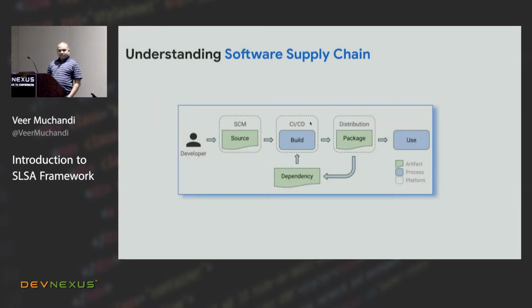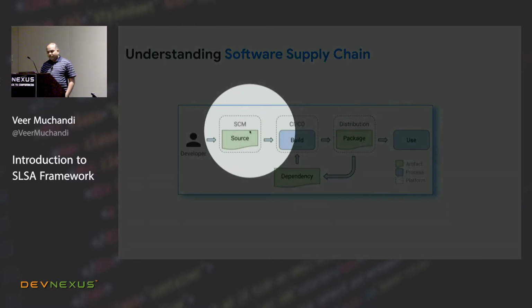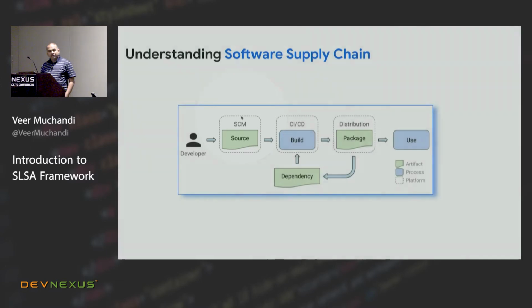So you have artifacts that are at different stages of your software lifecycle. You have processes like build mechanism, and you have platforms. This dotted line represents the platform. Platform is the place where either your artifacts are stored or the place where your processes would run, right? That makes up your supply chain.